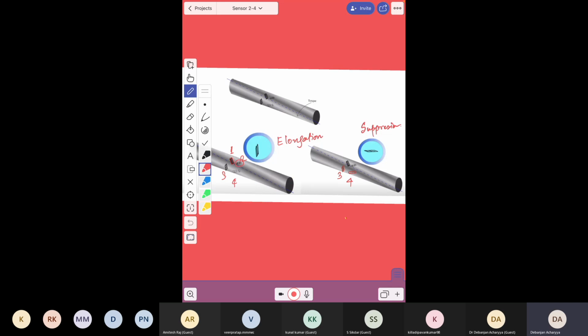That means there is a tensile force and there is a compressing force.